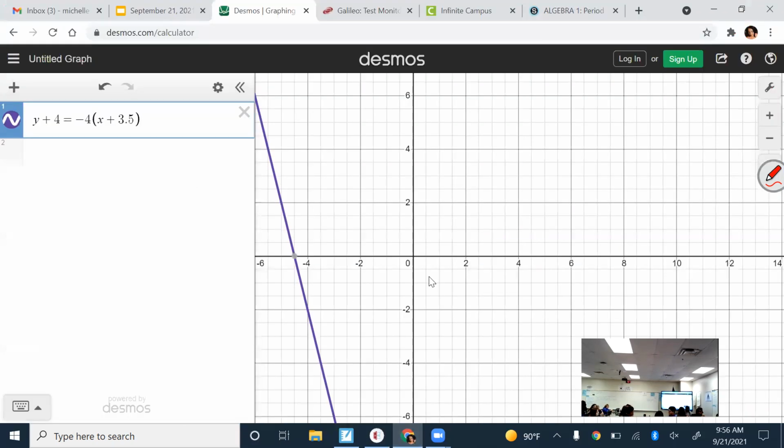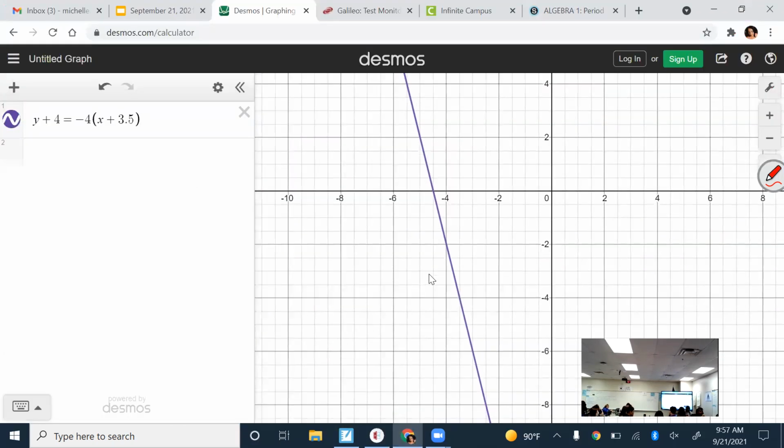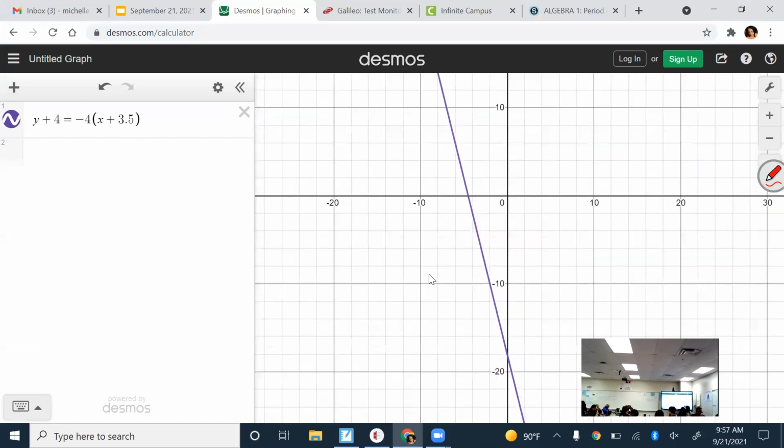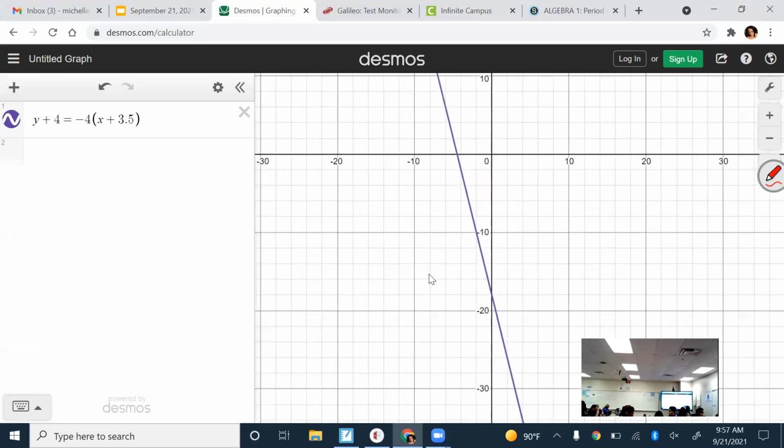All right. And then if you know your definition of y-intercept, what's that definition? When x equals 0, but then also if you're looking at a graph, where does your y-intercept touch?